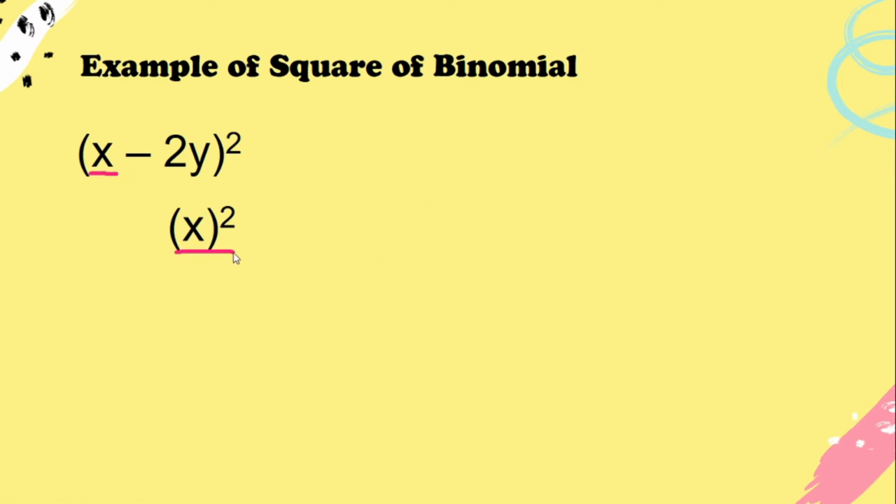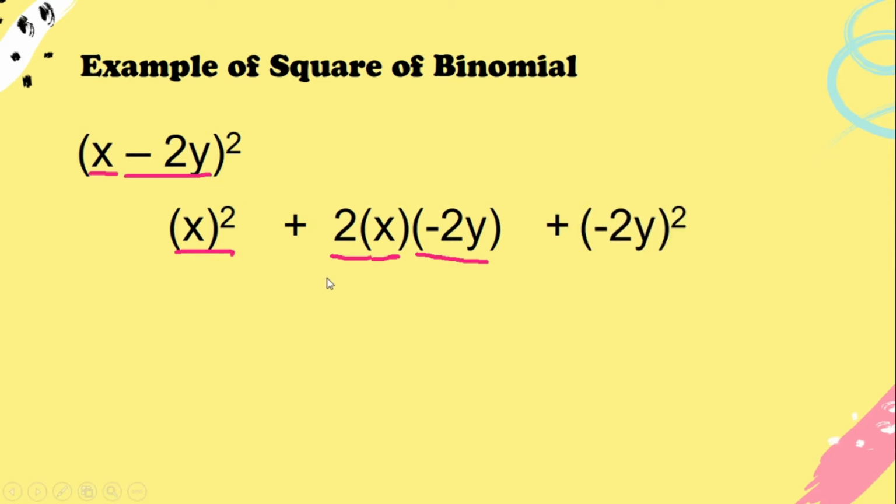The next step is plus twice, so 2 times the first term x times the second term, negative 2y. And then the last is to square the second term, negative 2y. So we have negative 2y squared. Okay? Next one. x squared, that is x squared.